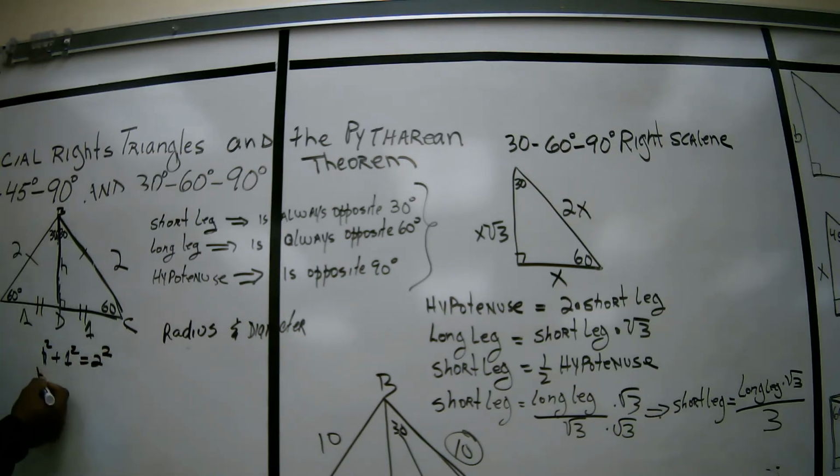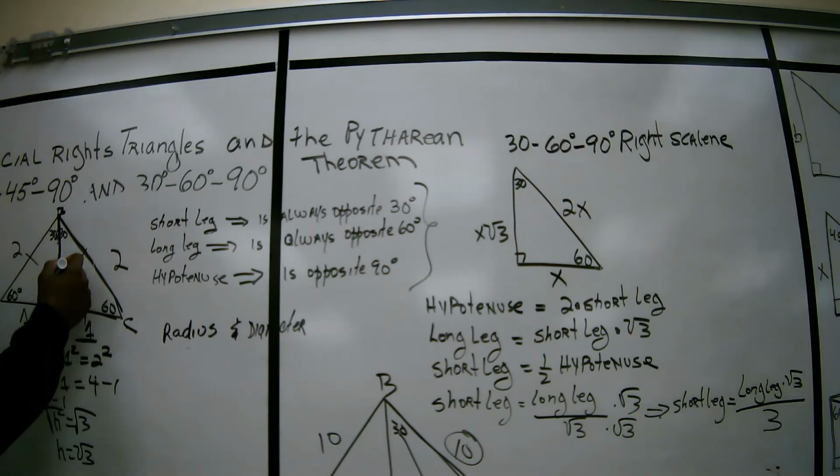So you have H squared plus 1 is equal to 4. Then you subtract 1 from each side, and you will find H squared is equal to 3. Then you take the square root of that, so H will be square root of 3. In this case, the long leg is square root of 3. So when the short leg is 1, then H is square root of 3.